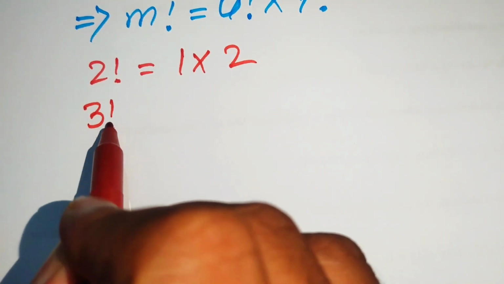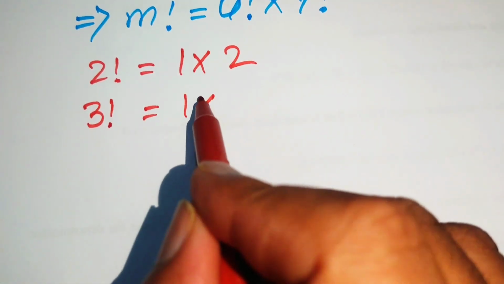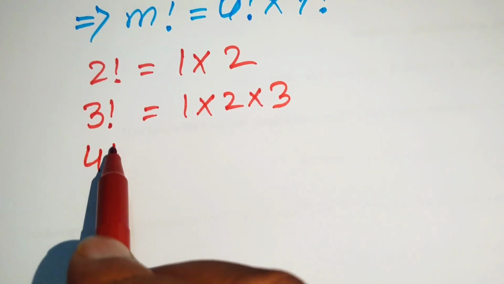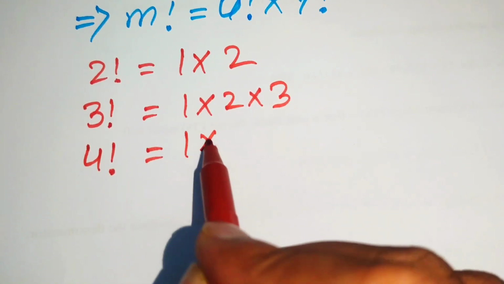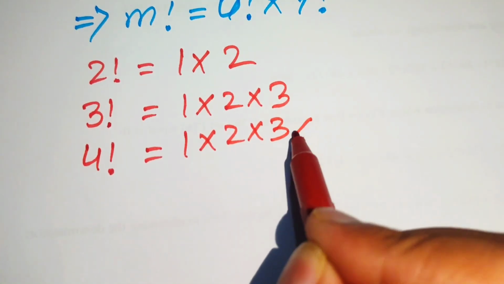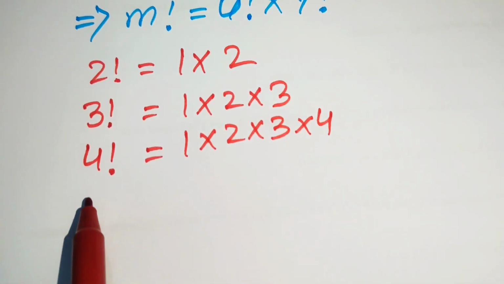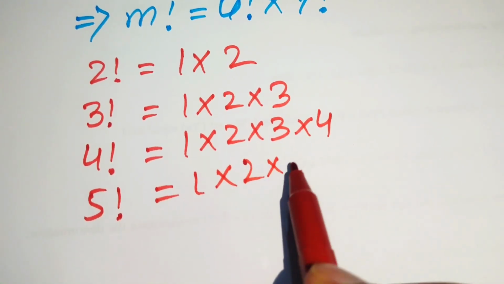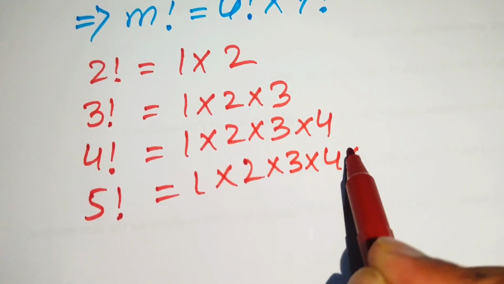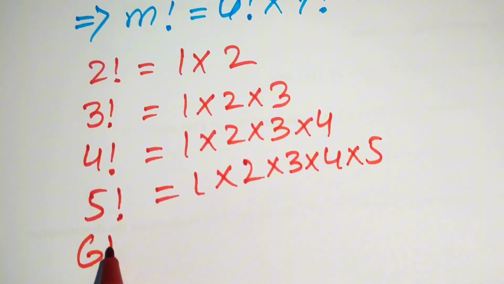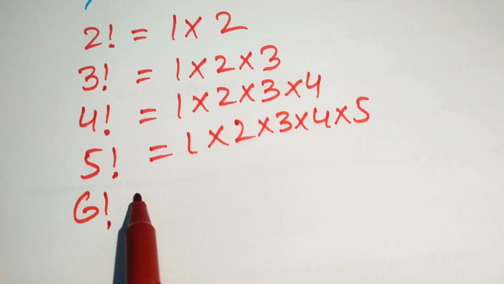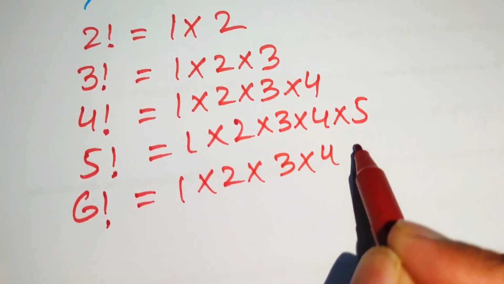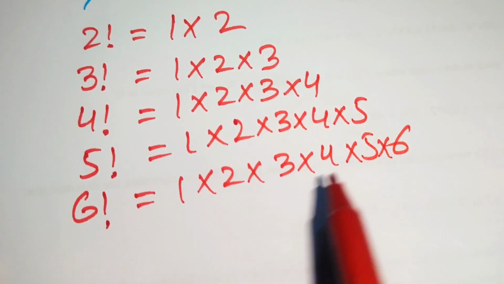If you have 3 factorial, we multiply the first 3 terms, so we have 1 times 2 times 3. If we have 4 factorial, we write it as 1 times 2 times 3 times 4. And if we have 5 factorial, we write it as 1 times 2 times 3 times 4 times 5. And if we have 6 factorial, it will be written as 1 times 2 times 3 times 4 times 5 times 6.